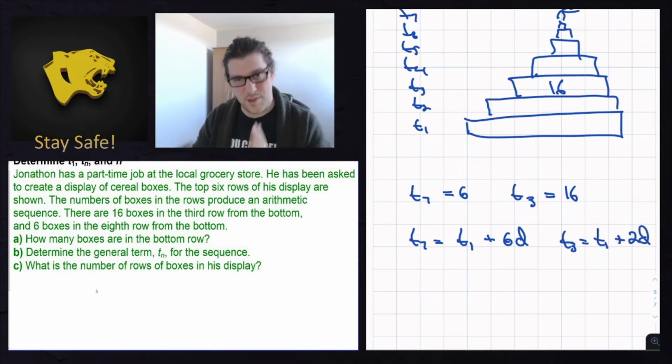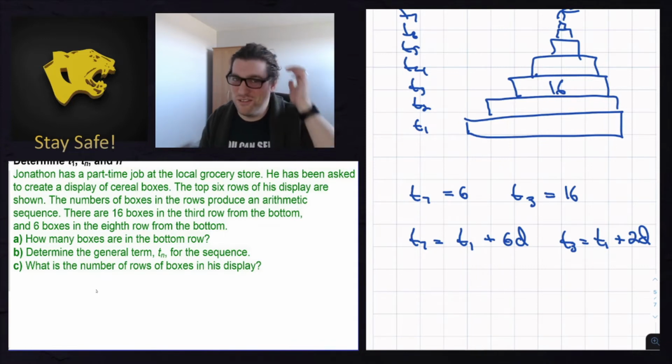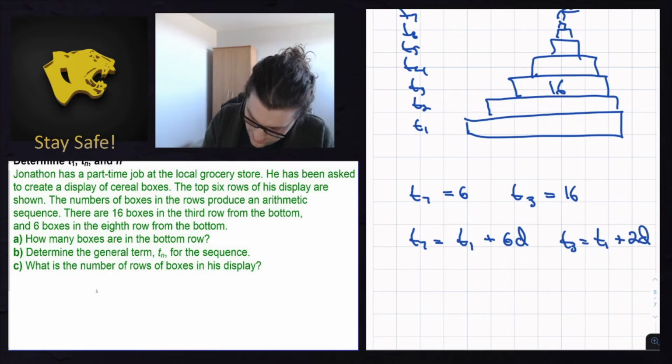Because of our general term, Tn is equal to t1 plus 1 less than n times d. So if I'm using 7, it's 6 common differences, and if I'm using 3, it's 2 common differences. I'm going to use a technique from grade 11, elimination. Think of it as a system of linear equations, actually. We're going to take this and subtract this.